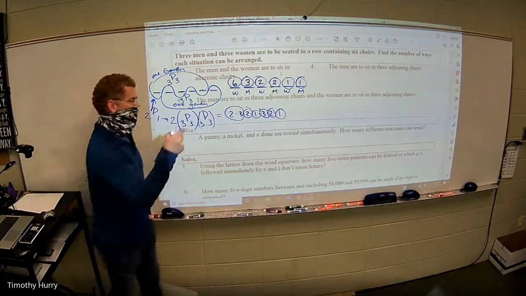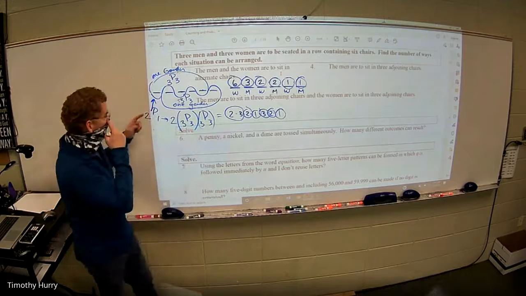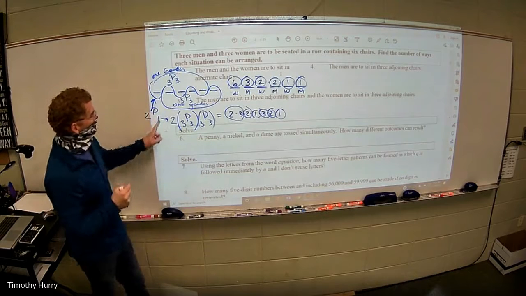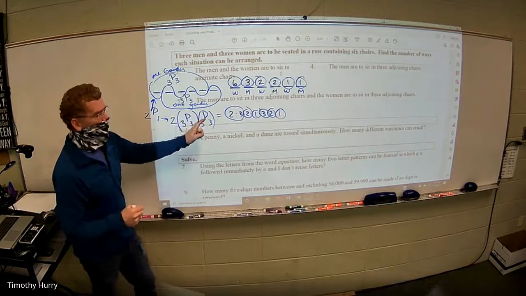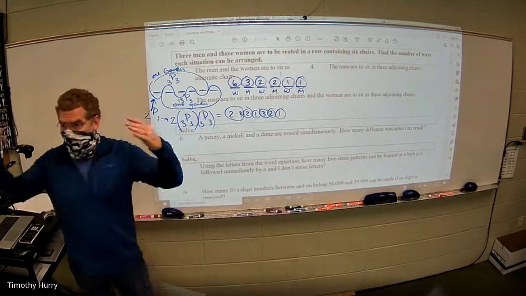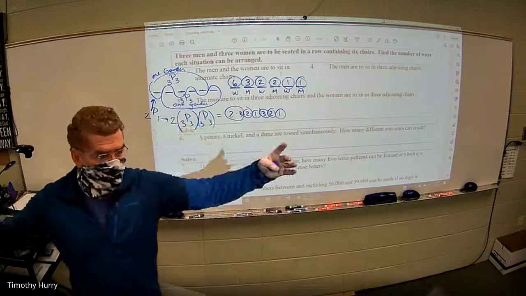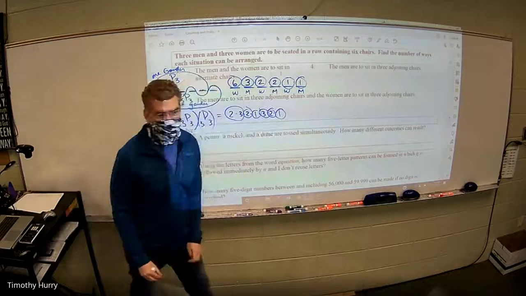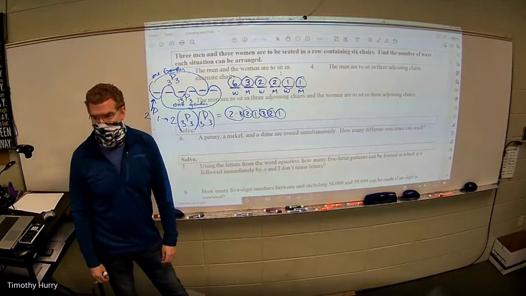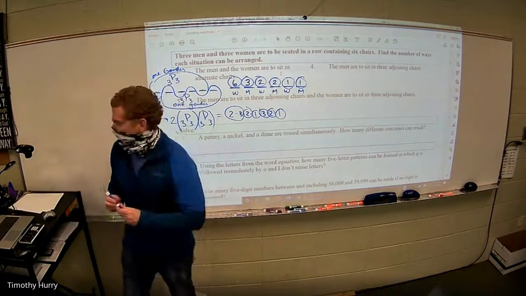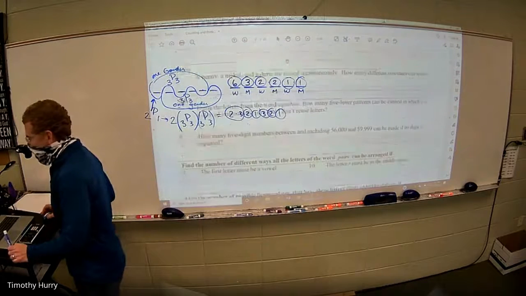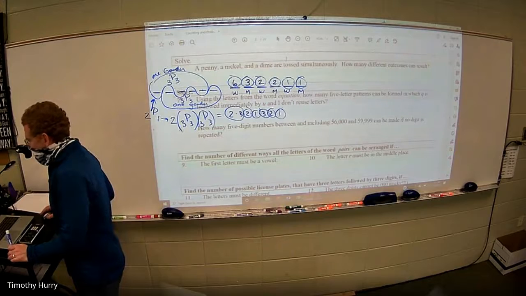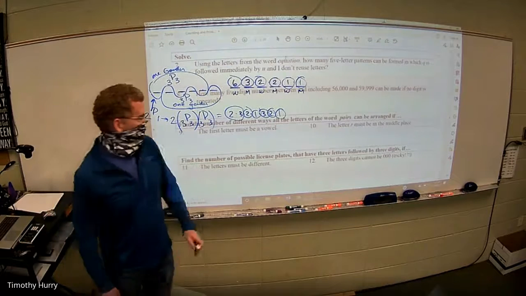But the advantage of this right here, thinking in terms of permutations, 2P1 times 3P3, 3P3, is when my numbers start getting really large and I get large quantities, I can still get this value without being really tedious in all the stuff that I do. See what you can do on 4 and 5. Look at, how about number 7?